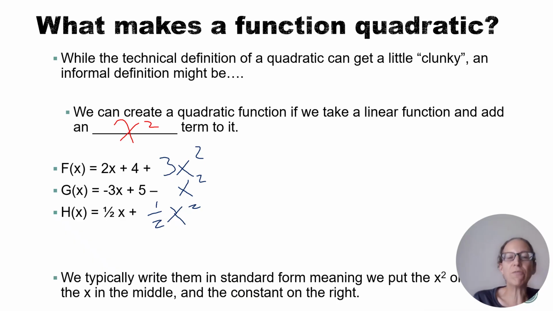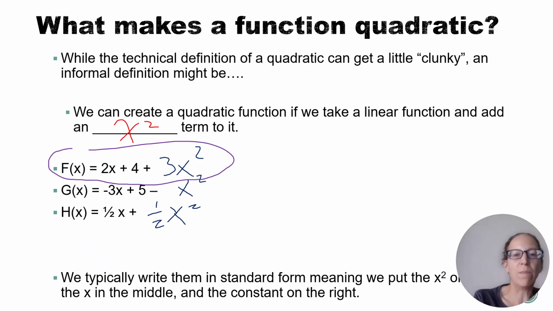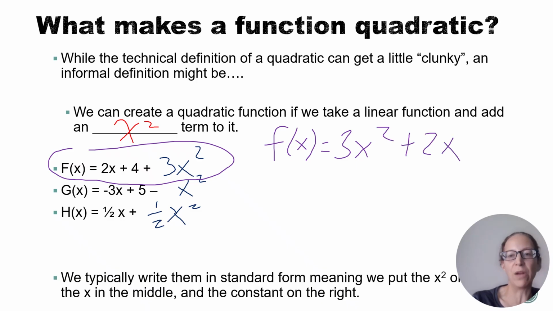Now we typically write them in standard form, meaning we put the x squared on the left, the x in the middle, and the constant on the right. So this way of writing it would be a little bit weird. We might write it as this instead: we'd put the 3x squared on the left, then the plus 2x in the middle, and then the constant on the end.